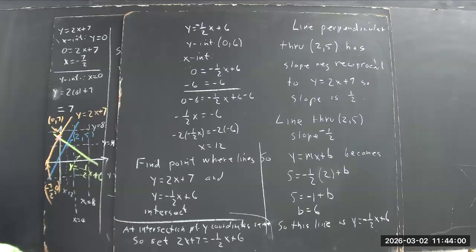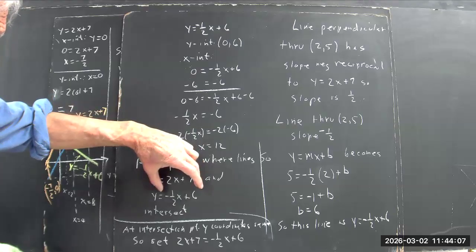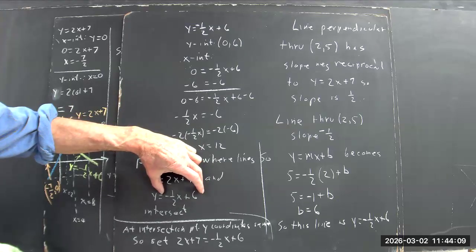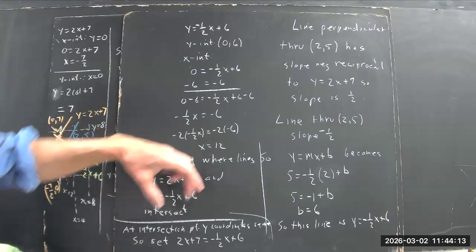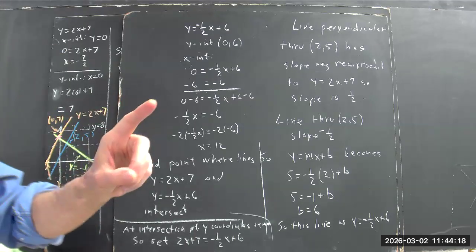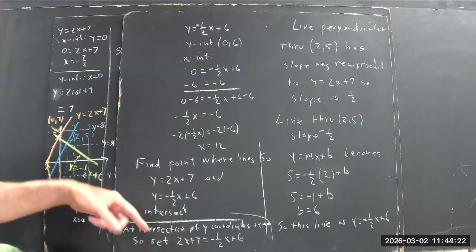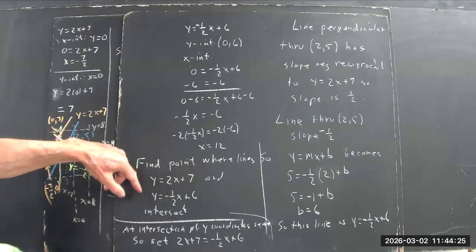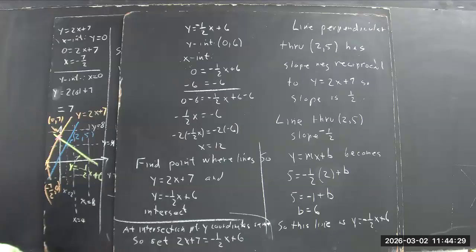We're going to use the fact that the y coordinates are the same by setting this expression on the right, 2x plus 7, equal to the negative 1/2 x plus 6, because those are two different expressions that represent y. Now, they're not always going to be equal, but there's one value of x that will make them. Once we know that value of x, we're going to be able to plug into either equation and find the value of y, so we'll know what the point is. I will do that a little more slowly.